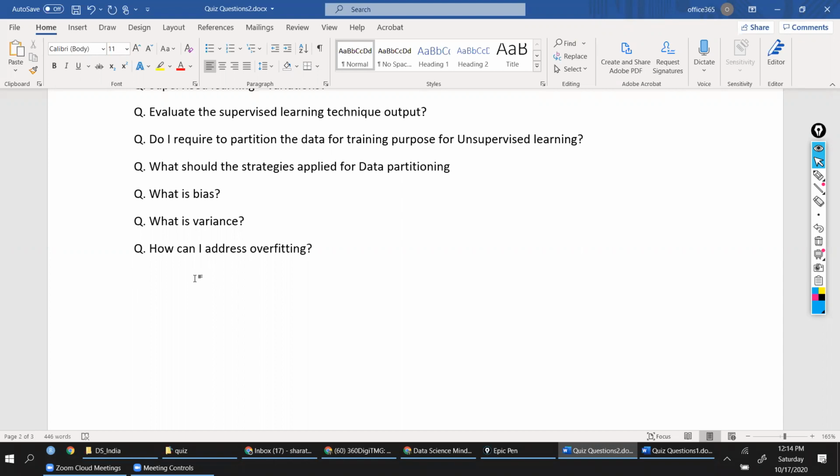What do these regularization techniques do?